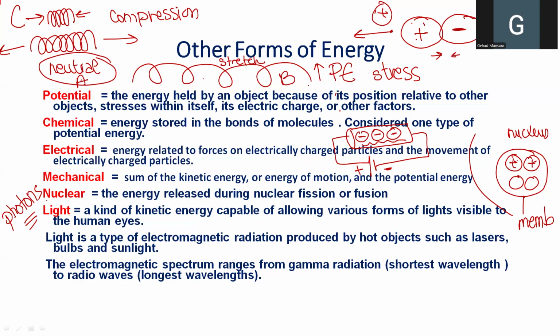So there is energy associated with the movement of the photons. And of course, we all feel this energy in the electromagnetic waves of the light that comes, for example, from the sun. So light is a type of electromagnetic radiation that is produced by a hot object like sunlight, for example, like electric bulbs, like lasers.